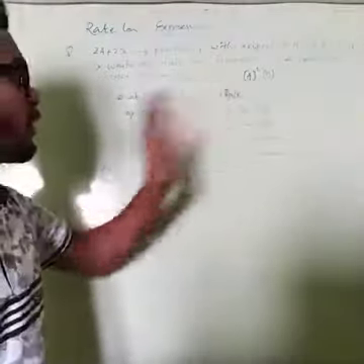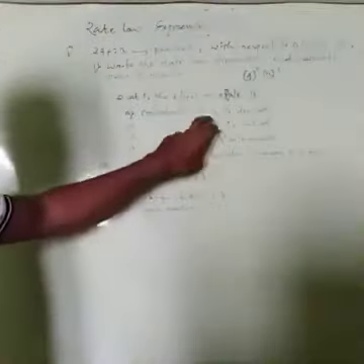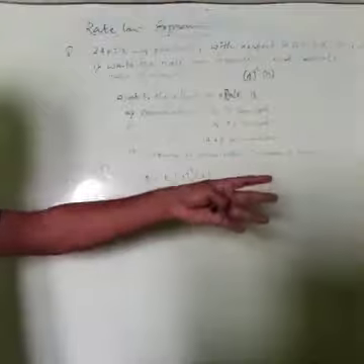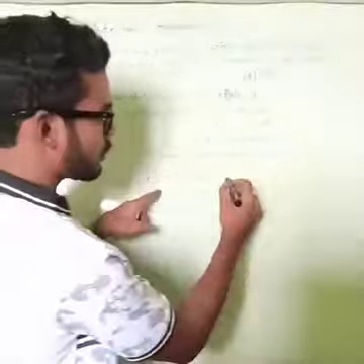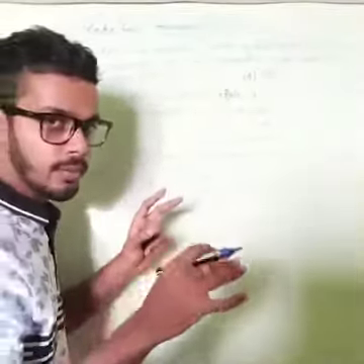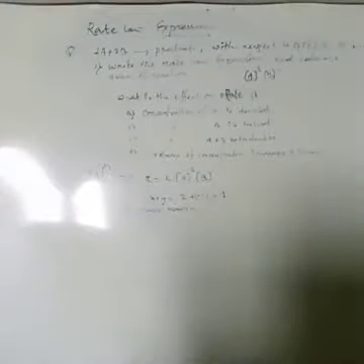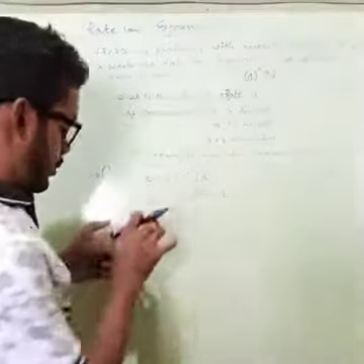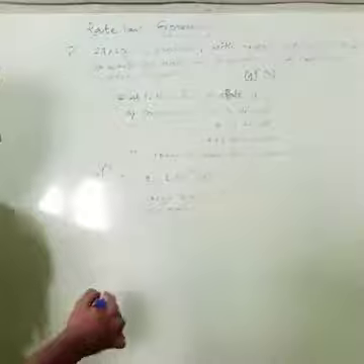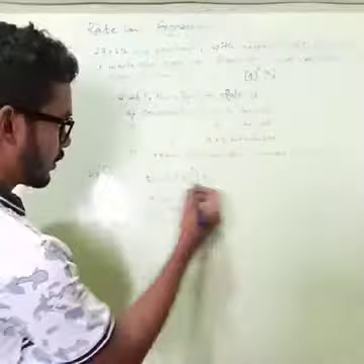Come to the second part. What is the effect on rate if the concentration of A is doubled? Always consider the first initial reaction all the time as equation 1.